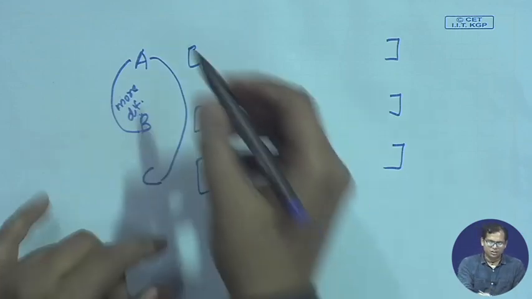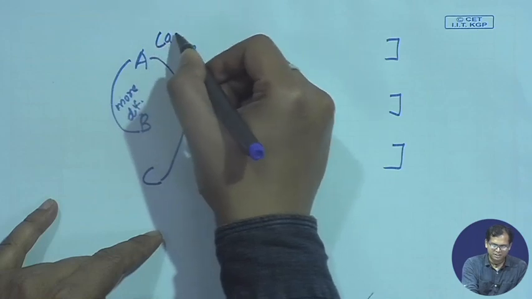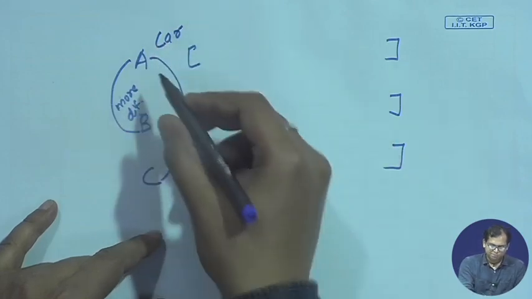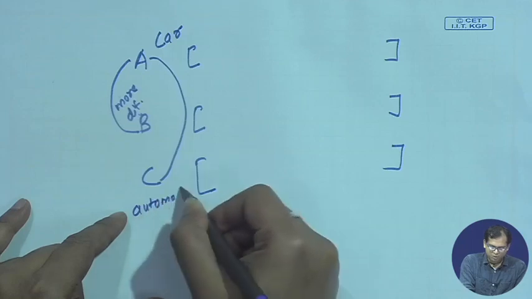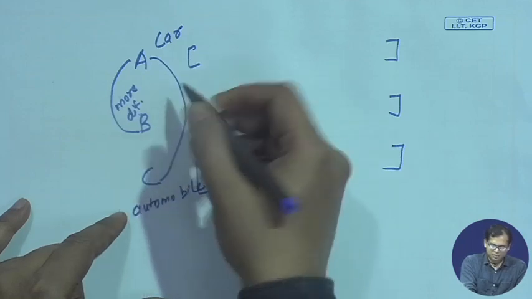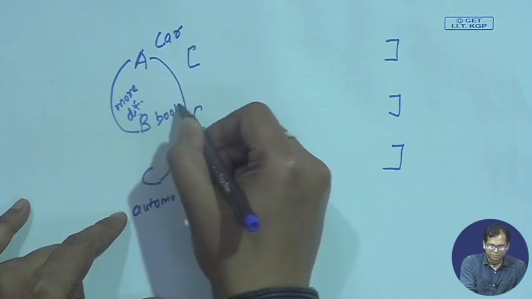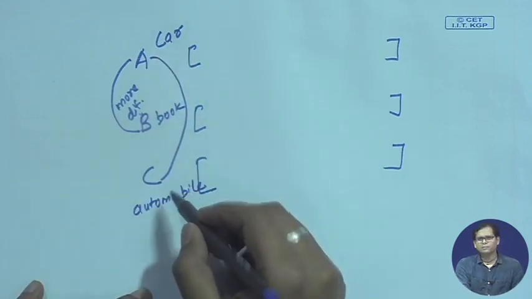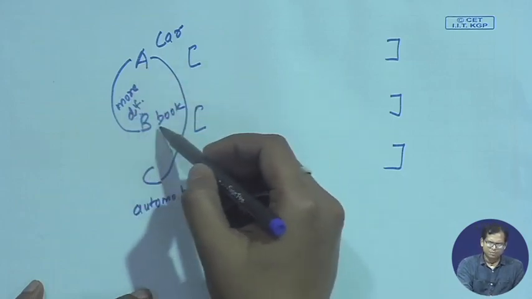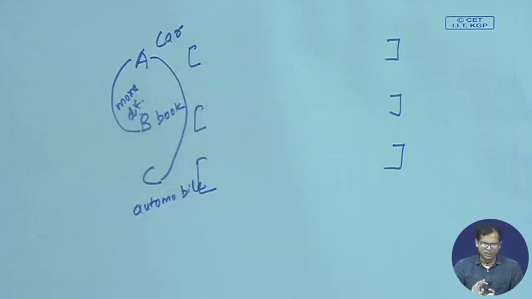You can think of some examples: take car as A, and C can be automobile, which is quite close, and B can be something like a book. Here car and automobile are quite similar, and car and book are very different.